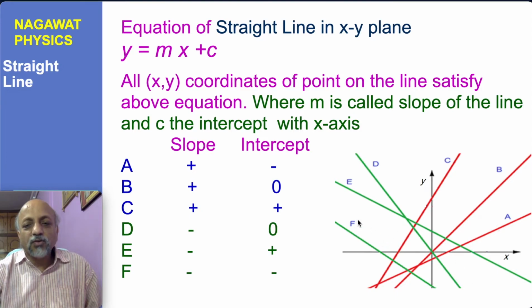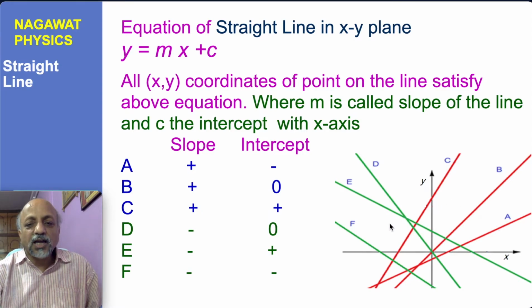But the other lines which I have drawn are 6 possible types. The lines A, B and C make an angle less than 90 degrees, and all 3 lines A, B, C therefore have positive slope, because tan theta is positive in the first quadrant.